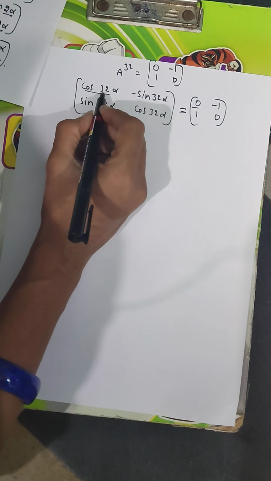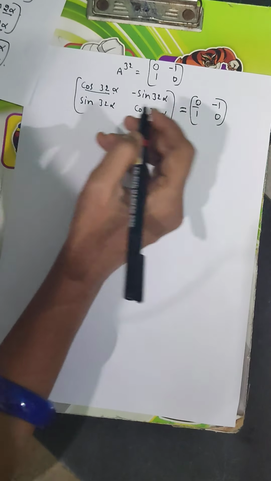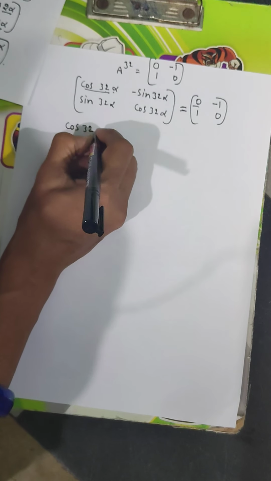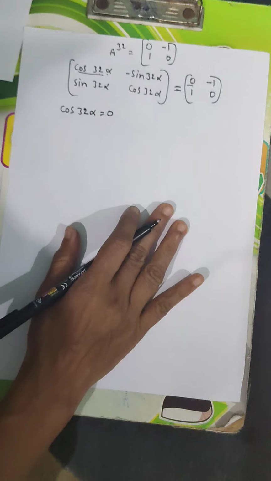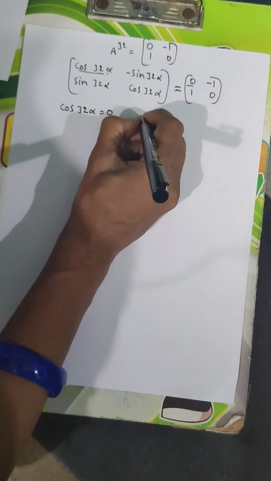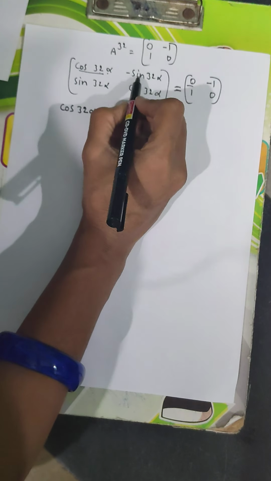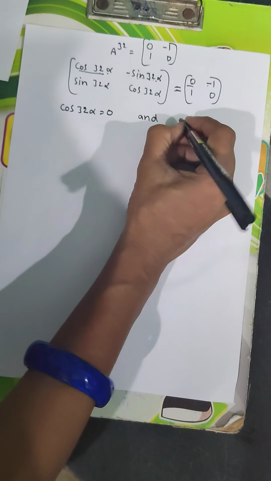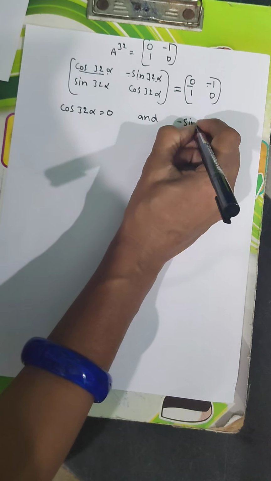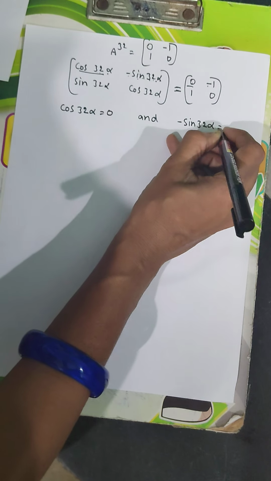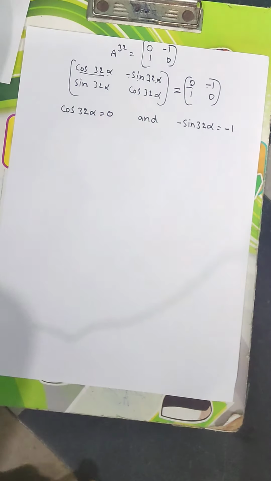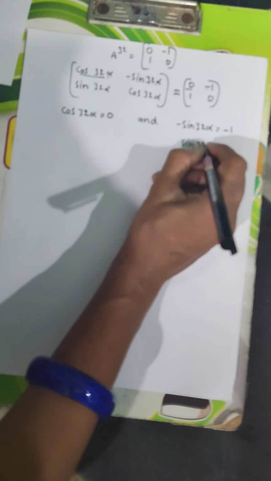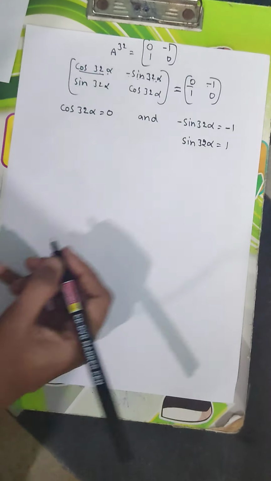So cos 32 alpha is equal to 0, and minus sin 32 alpha is equal to minus 1. The minus signs cancel, so sin 32 alpha is equal to 1.